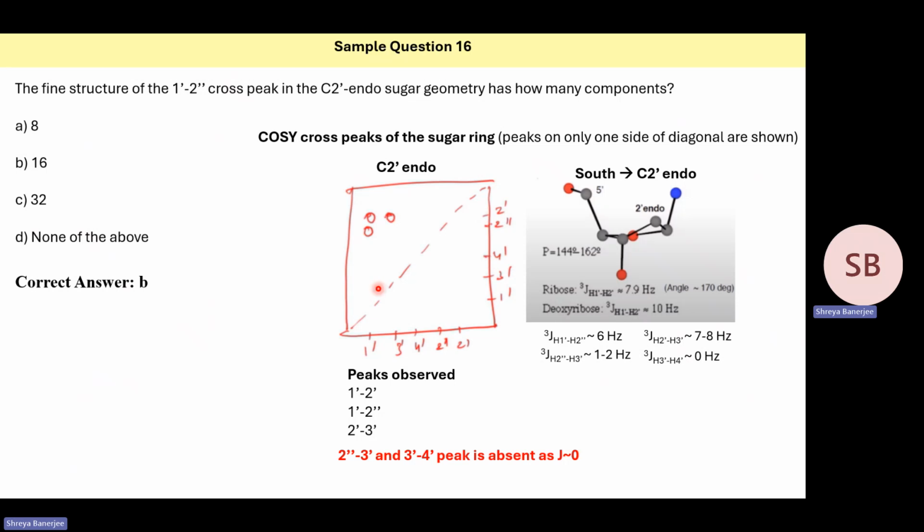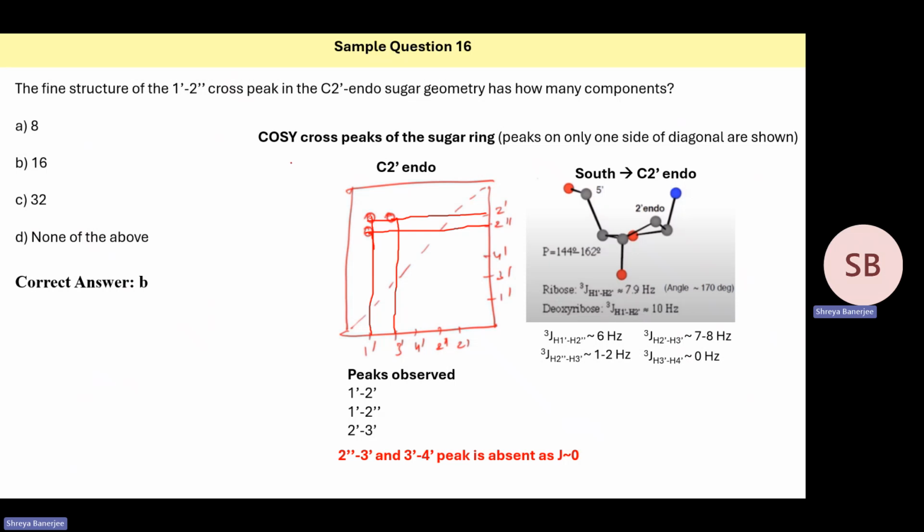We know that in COSY, C2' will interact with C3', it will interact with C1', and then C2'' will also interact with C1'.